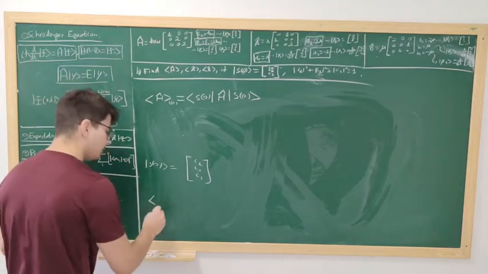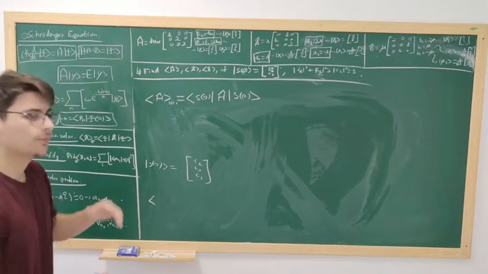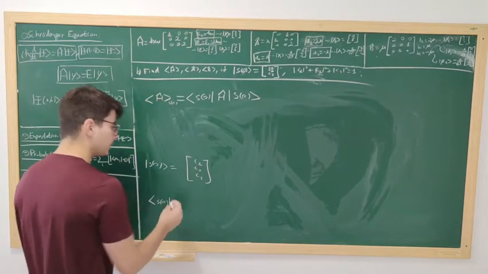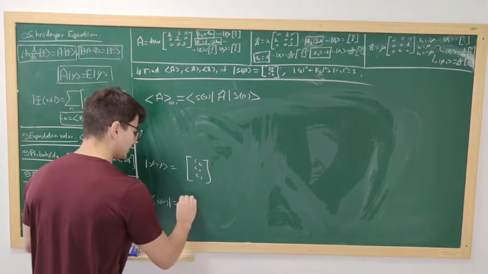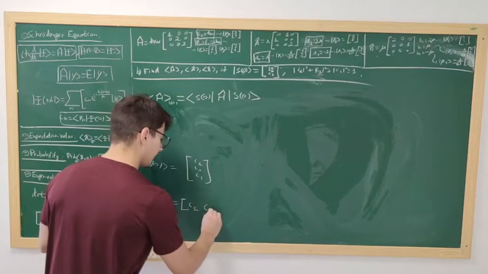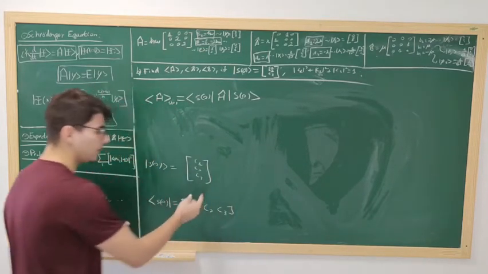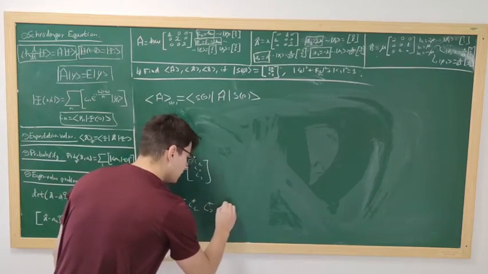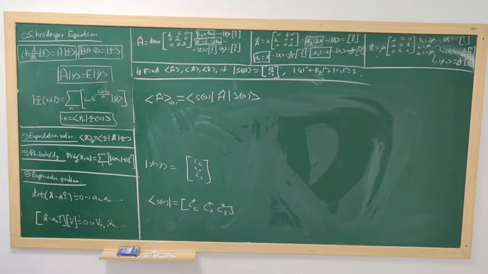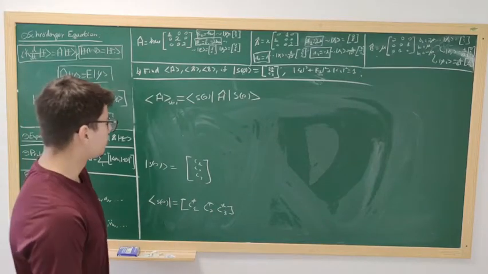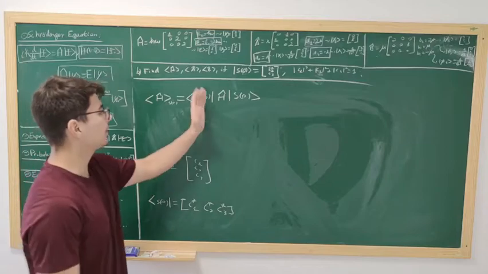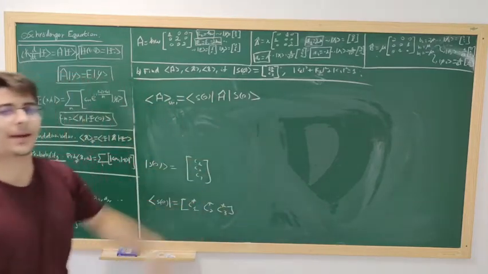Well, the bra is just the complex conjugate transposed. So the bra of this ket, we're taking the transpose, writing a column vector as a row vector, and taking the conjugate of all of its elements. So this would be our bra, multiplied by H applied to S0.